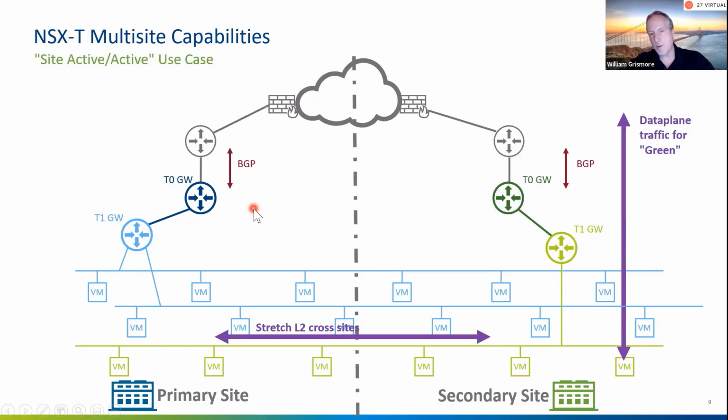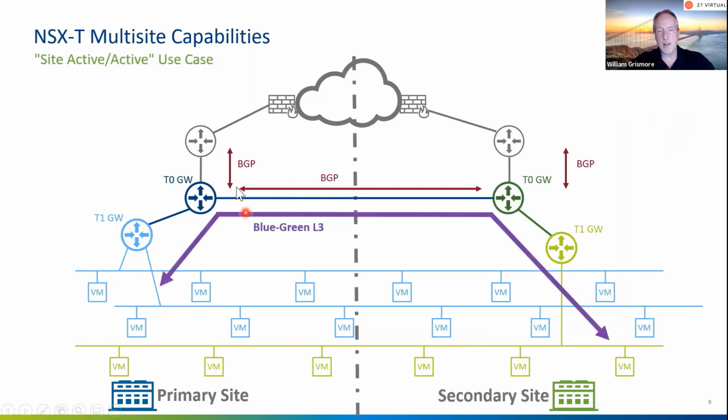One little trick you can do to eliminate some hops here, depending on how the network is designed, is you can actually build a tunnel, leverage a tunnel, and have an extra BGP connection between your sites here and do some inter-tier 0 routing. So that way, when the blue VM wants to talk to the green, instead of going all the way out and getting routed across all these hops, we can leave this guy here, the tier 0, the dark blue, and when we leave this interface, the route decision's already been made, and we would go out through the TEP at the host level that does the host-based level encapsulation, and we would route from TEP to TEP.